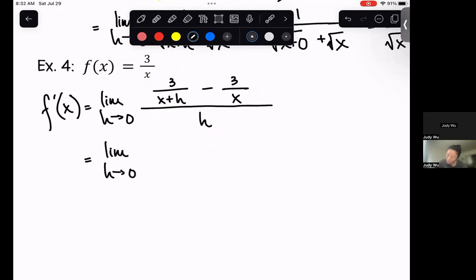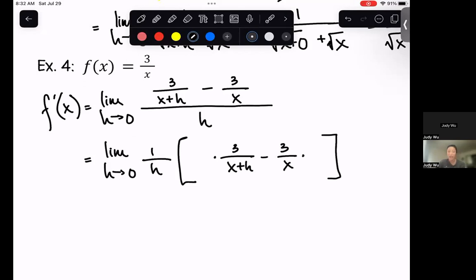So I'm going to do two things at once, okay? I'm going to take this h in the denominator, and I'm going to pull it out in front. So it's really like times 1 over h. And then I have my fractions, 3 over x plus h minus 3 over x.